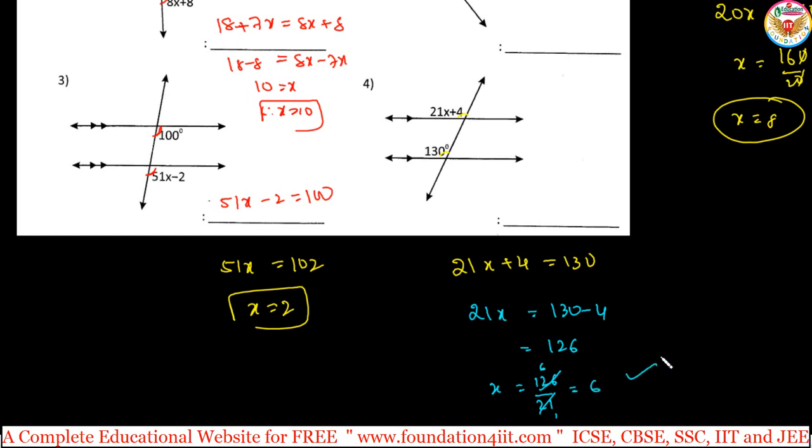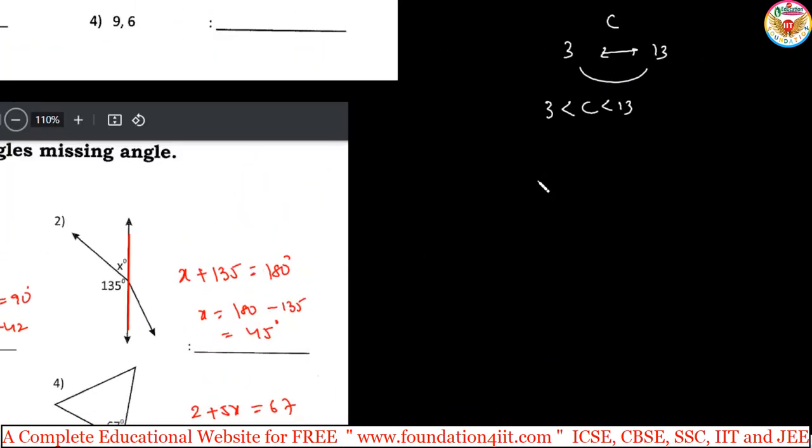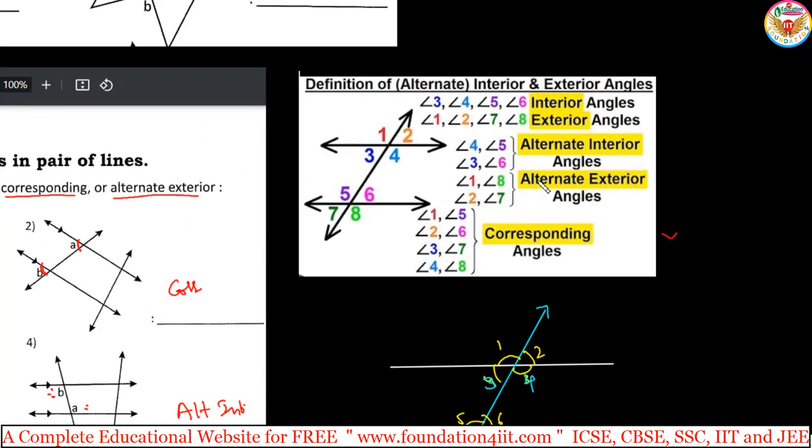Okay. We have the main properties, whether corresponding or alternate; depending on that you can check. And this is the main one. Here these are equal: interior or alternate exterior, corresponding, they are equal. So 1 is equal to 5, 2 is equal to 6. But the sum is equal to 180 for 4 plus 6. Okay, angles 4 and 6 sum to 180. Angles 3 and 5 sum to 180.